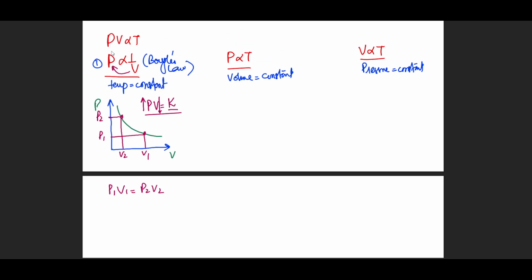Then we move towards the idea of pressure being proportional to temperature. The theoretical understanding remains the same: how increasing temperature increases the pressure. We know that increasing temperature causes an increase in kinetic energy. If the kinetic energy increases, the speed of the molecules increases.